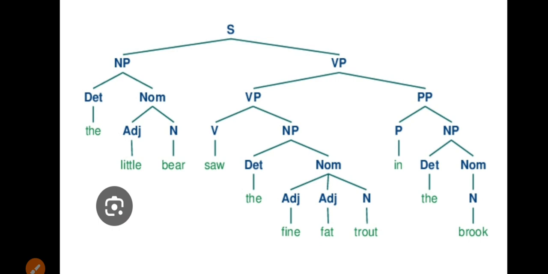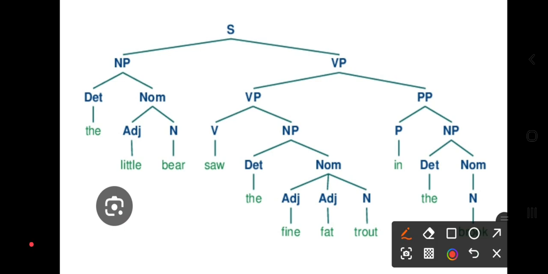NOM is actually nominal. Yeah, but then you can do it this way: determiner, and then noun phrase, adjective "little", "bear" is the noun, then the verb phrase is "saw", right, "the fine fat trout".